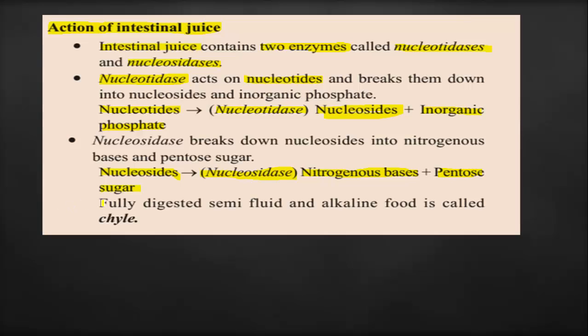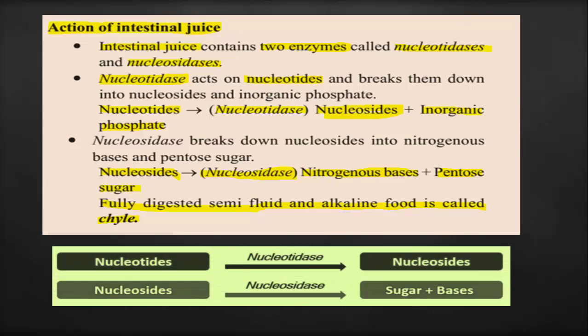Now, the fully digested semi-fluid and alkaline fluid which is present is called chyle. Why is it alkaline? Because the intestinal medium is alkaline and that alkaline property is maintained by the bile juice.